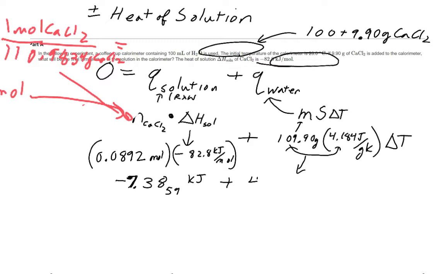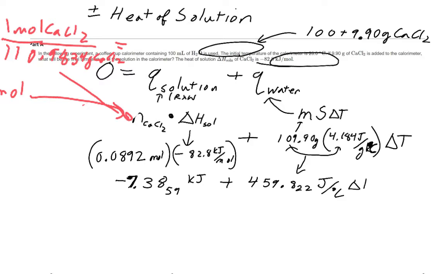That gives me 459.822 joules per Kelvin. Or actually I can do per degree Celsius there if I want to, just to make our life easier later on, because the size of a degree Celsius is the same as a Kelvin.